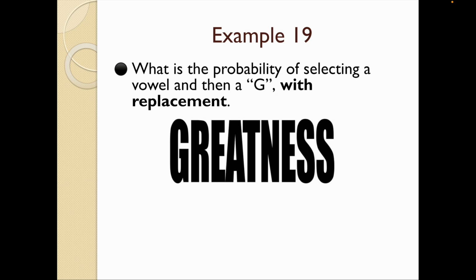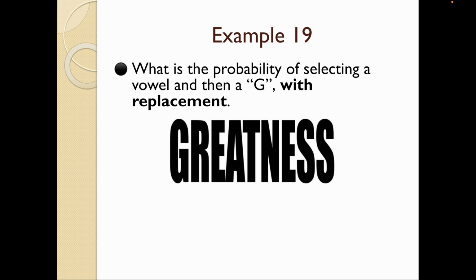I'll let you work this one out. 4 out of 9. 4 out of 9, you sure? What you're saying would be selecting a vowel or a G. Oh. We're saying a vowel and then a G with replacement.